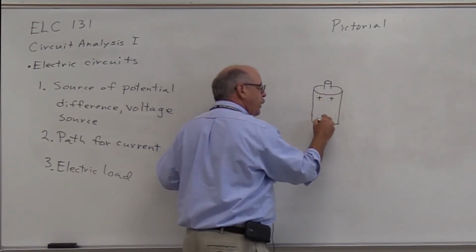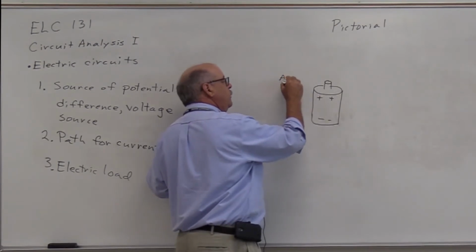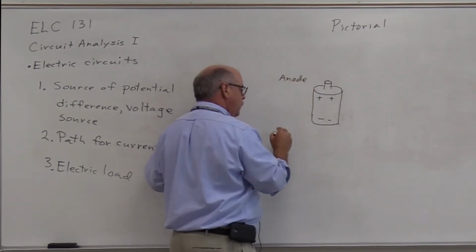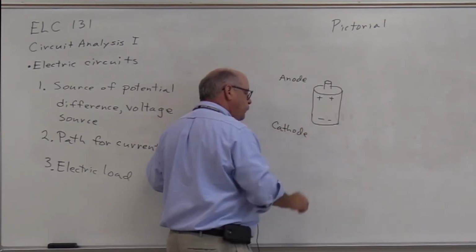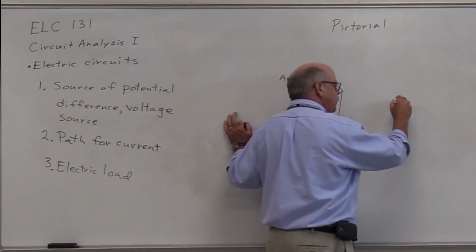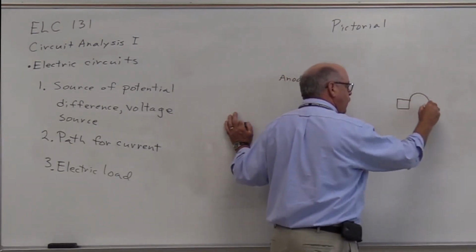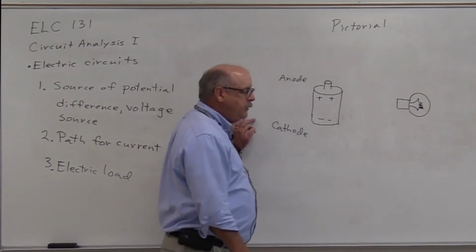Remember from our previous discussions that the positive terminal is the anode, the negative terminal is the cathode. And we have to have, again, some sort of electrical load. And in this case, we're going to use a simple incandescent bulb.